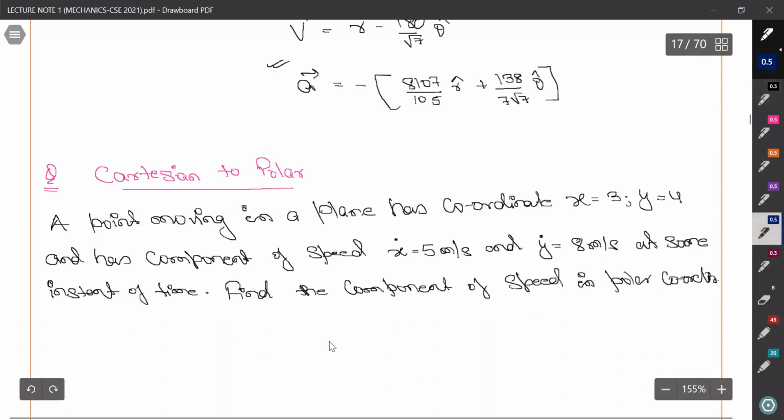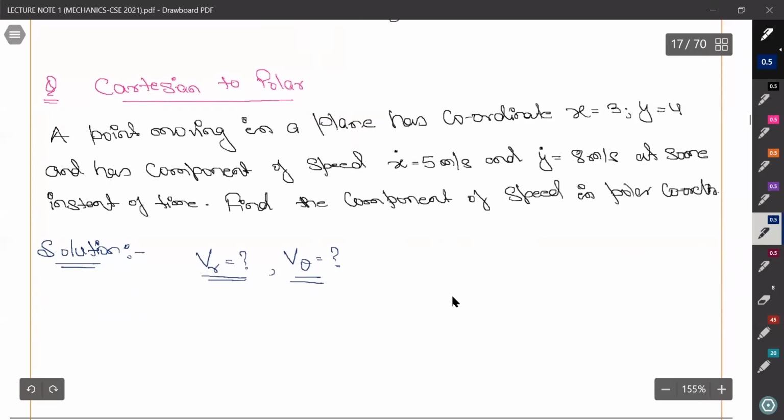Try this question. What is the component in polar coordinate? We need to find r cap and theta cap, that is V_r and V theta. We need to find V_r and V theta in directions of r cap and theta cap direction. Try this.